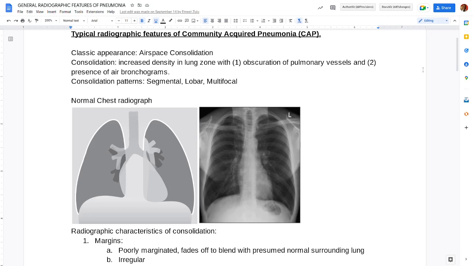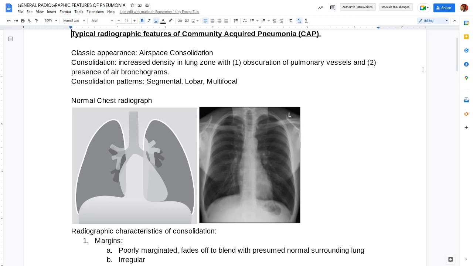And also clinically, hospital acquired pneumonia and community acquired pneumonia may have a different cause. So you would find that hospital acquired pneumonia may be more aggressive than community acquired pneumonia.